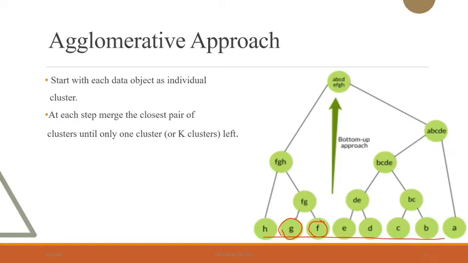In the next step, we merge these two clusters into a single cluster, which is FG. This process continues until there is only a single cluster which has all the objects in it. So basically, the agglomerative approach is a bottom-up approach.